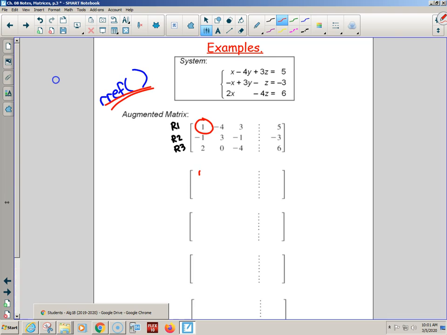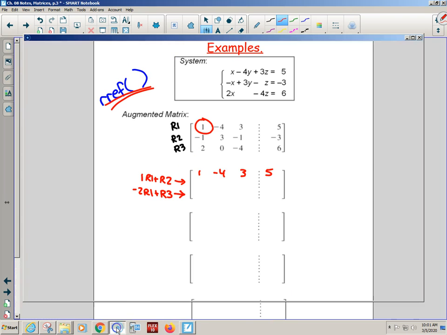So first of all, that 1, that -4, that 3, that 5, they're good. I'm keeping them. For that first column, he's already done. He has his 1. But then I'm going to go ahead and do the opposite of -1, which is +1, row 1 plus row 2, putting it into the new row 2. And then I'm going to take -2R1 plus R3, making it the new row 3. Why am I doing all of this? To get my zeros.